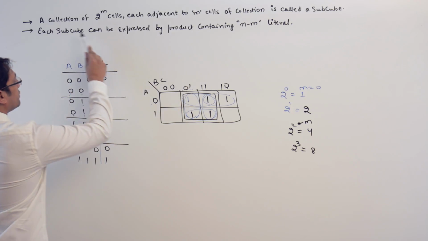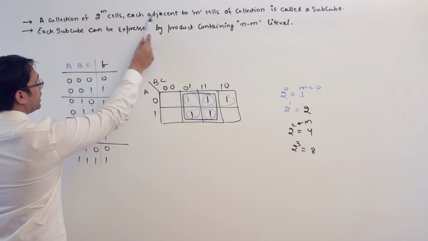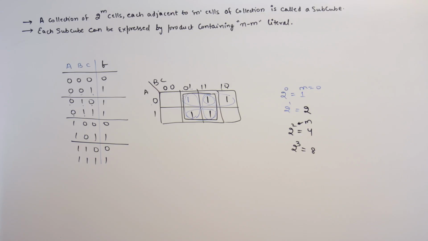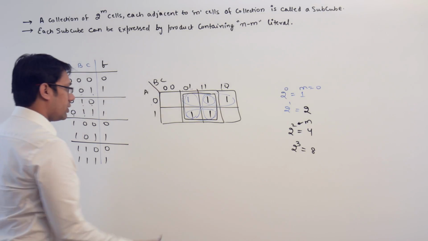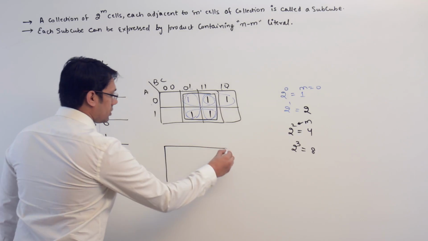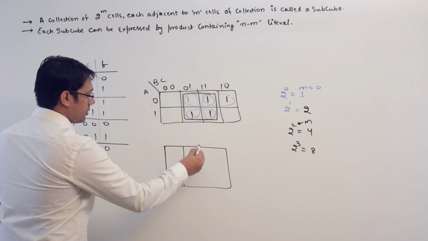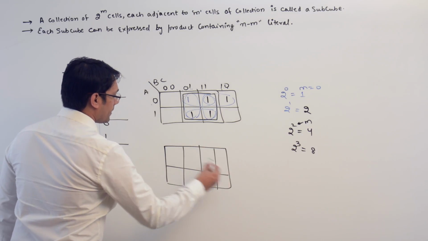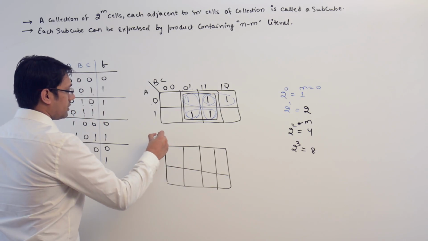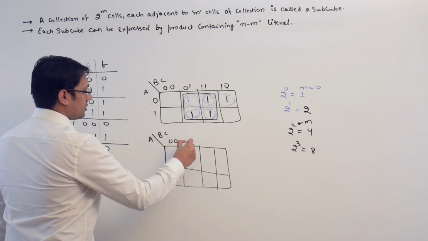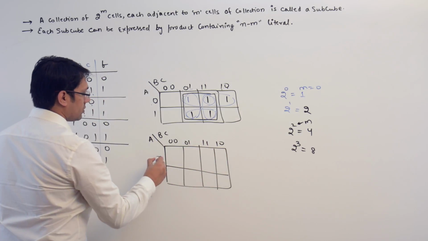See, we say a collection of 2 raised to power m cells, each adjacent to m cells of the collection, is called a subcube. What do I mean? Assume this is the K-map, this is A, this is BC, 0, 0, 0, 1, 1, 1, 1, 0, and 0 and 1.